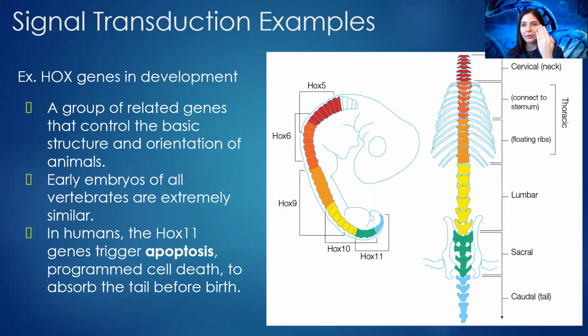Those undergo apoptosis and allow for separation so I can manipulate all of my fingers. If those don't work correctly and the correct signal does not get sent for the cells in between these digits to undergo apoptosis, we can actually have abnormalities where people have webbing between their hands because those cells never received the signal to die.